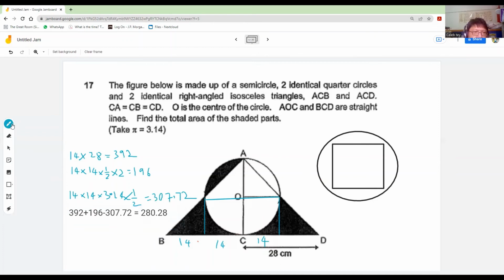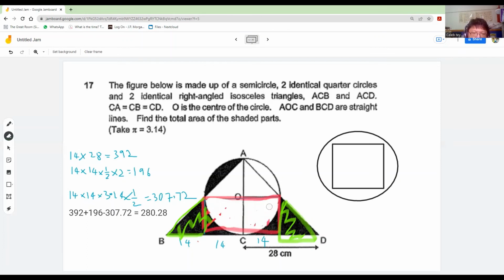Just to recap what we have done, we have taken the rectangle, which is 392. We've taken these two shark fins, or two triangles at the side, which is 196. And we have minus 307, which is this semicircle.